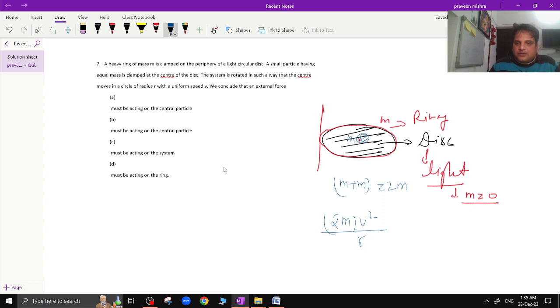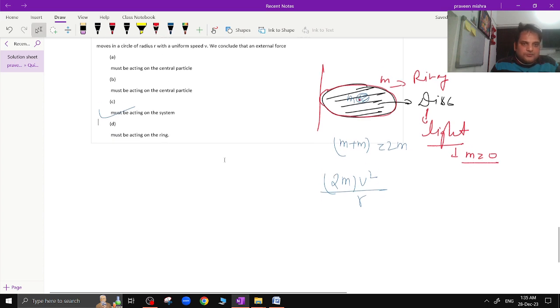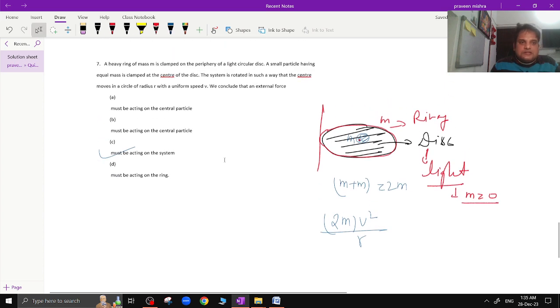Instead of mv square by r, here we take 2m, so 2mv square by r centrifugal force is acting on the system. So here we must have option C.